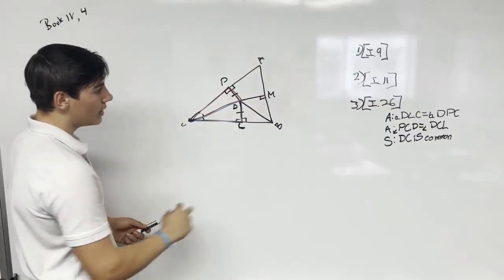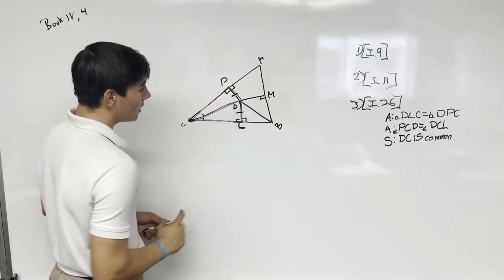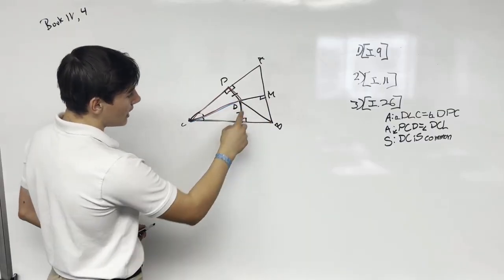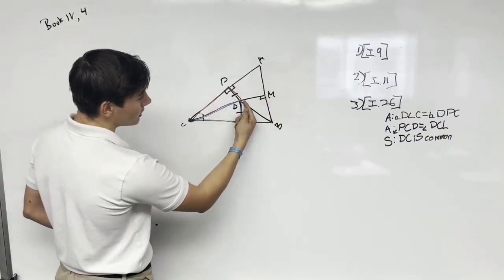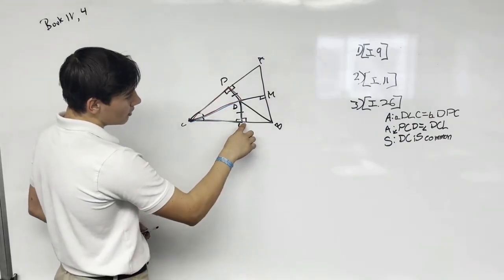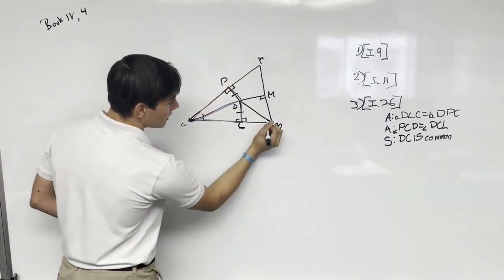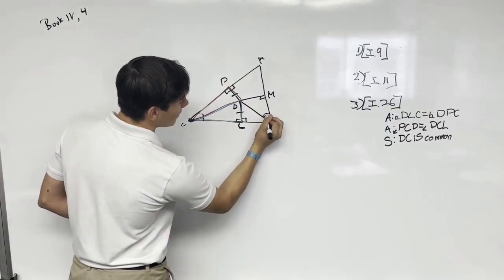Similarly, with these 2 triangles, DLB and DMB, we can prove that the side DL is equal to the side DM, since we know that we have a right angle here, a right angle here, and we bisected the angle at B, meaning that this angle is equal to this angle.